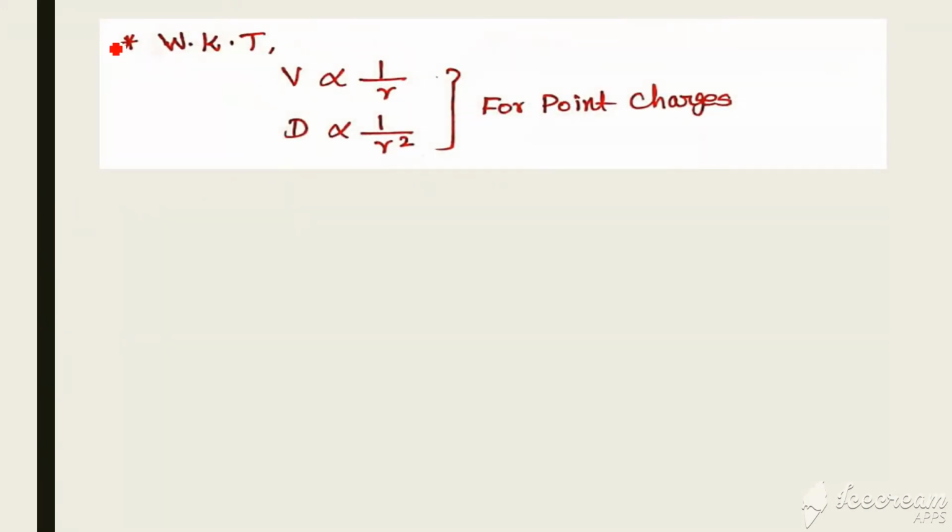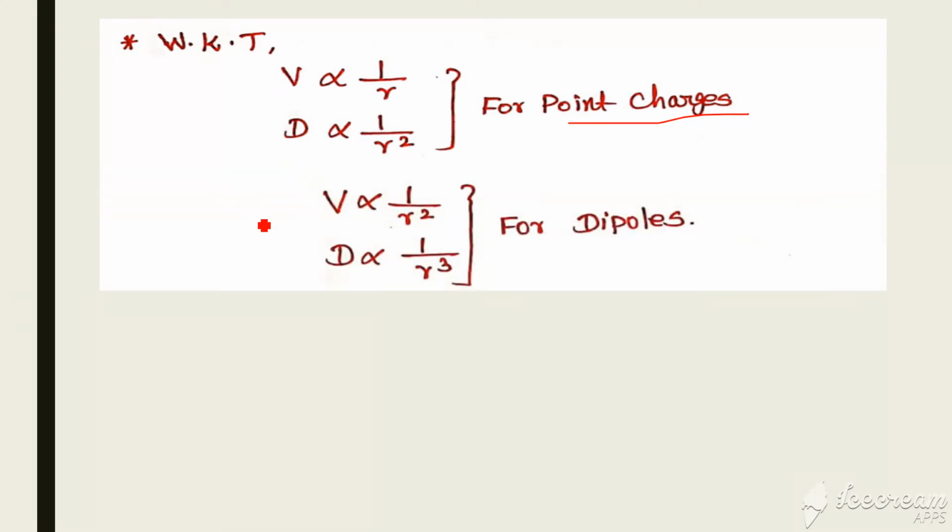Next, we already know that corresponding to point charges, V is proportional to 1 by R and D is proportional to 1 by R square, and with respect to a dipole, V is proportional to 1 by R square and D is proportional to 1 by R cube. Now our case is only a point charge, so we need to consider this concept.